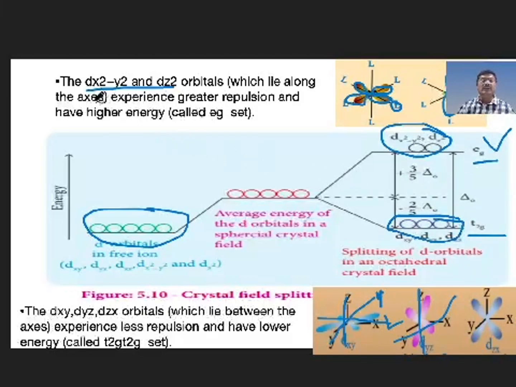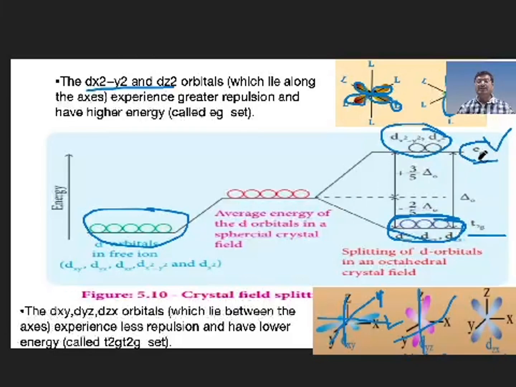That means the x square minus y square and z square orbitals have more repulsion and go into the higher energy level, and the remaining three orbitals have less repulsion toward the ligands and go into the lower energy level. Like that, in the octahedral case, the degenerate 5 orbitals split into two energy levels.